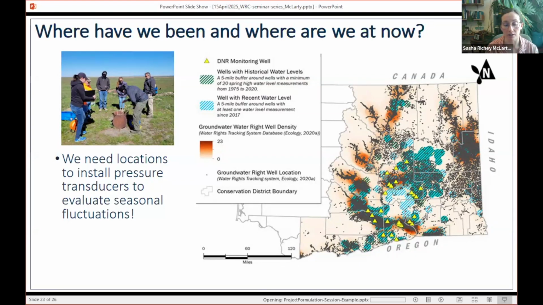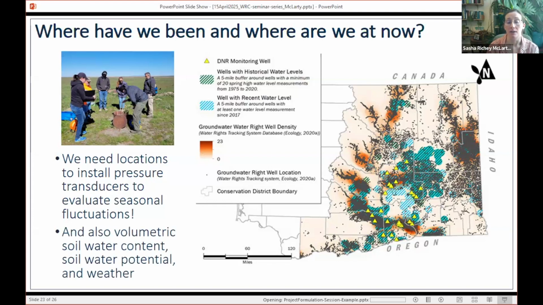It's great to monitor the long-term status of an aquifer system, but that doesn't help us understand where water levels might drop to in July, August, September at the end of the growing season. And so I'll use this time as a call, as a hope to anybody who has locations that could have pressure transducers to monitor those.